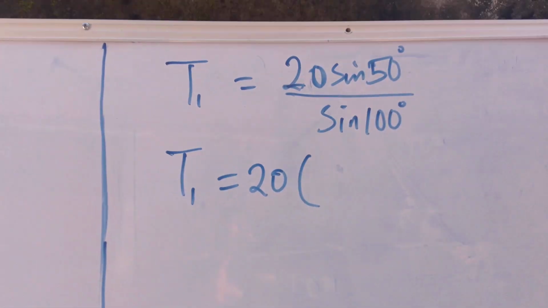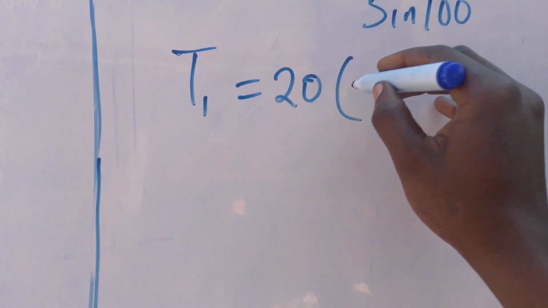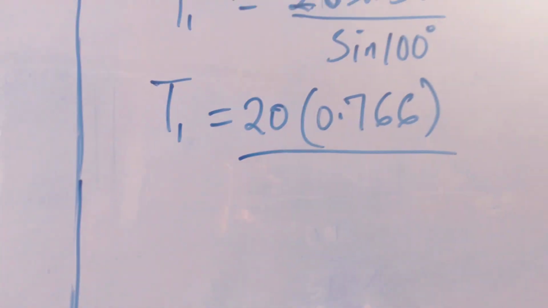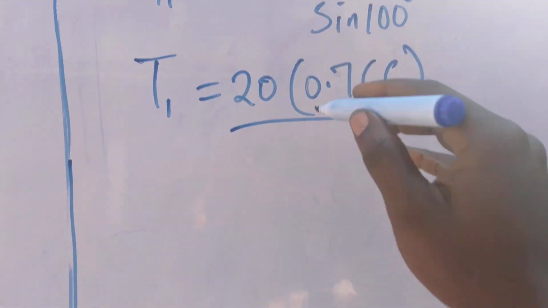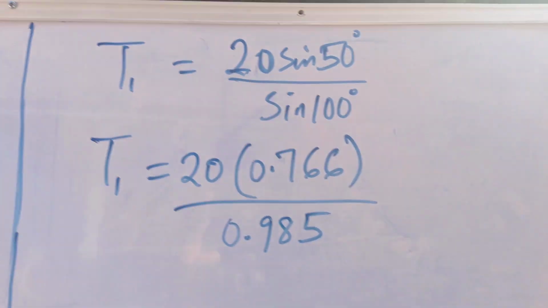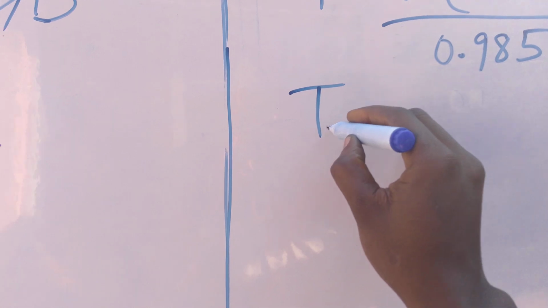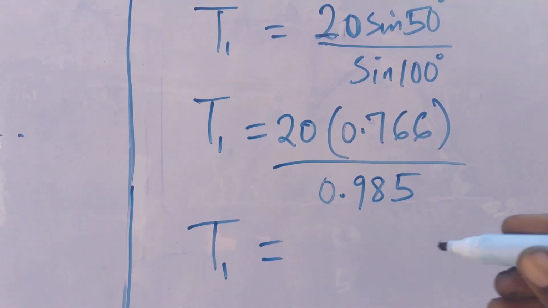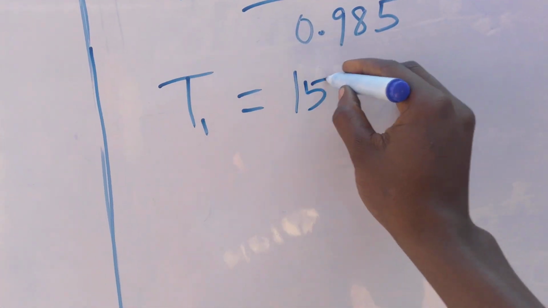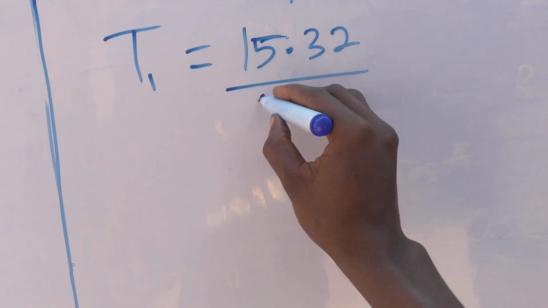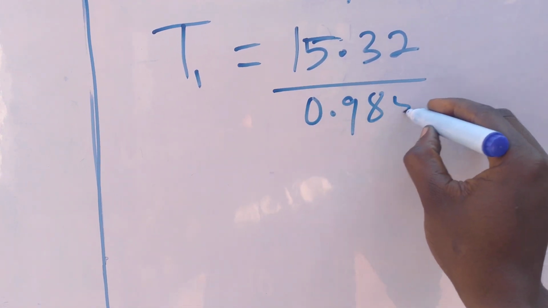We'll look for that with our scientific calculator. Sine 50 is 0.766, and sine 100 will give us 0.985. So T1 will be equal to 20 times 0.766, which is 15.32, divided by 0.985.